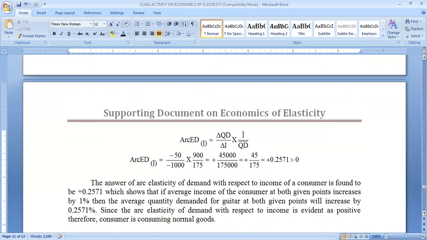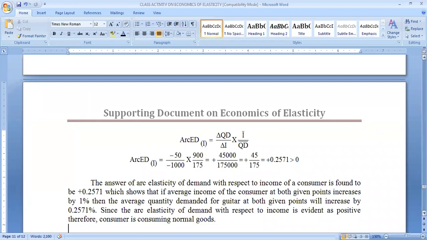If income elasticity of demand appears to be negative, then the consumer will be using either inferior goods or Giffen goods. But if we are given the price elasticity, then we can easily conclude whether a product is inferior or a Giffen.